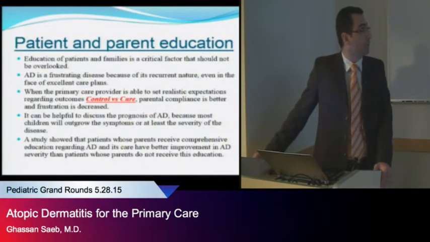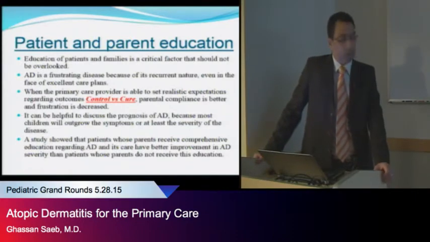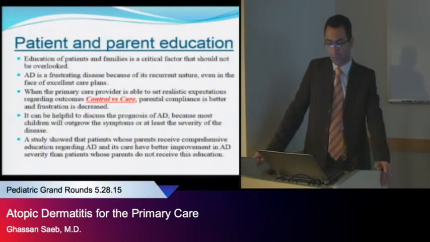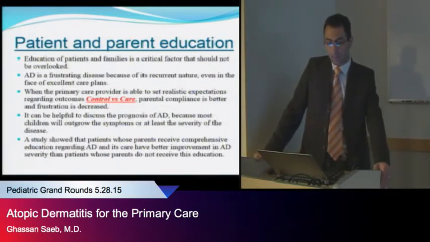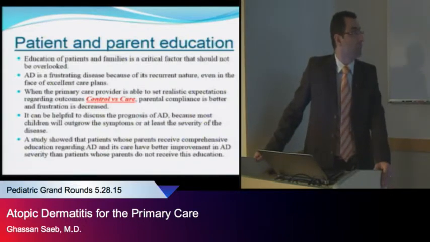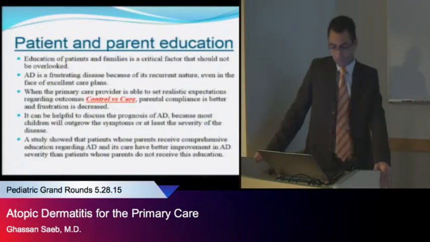So the first part is patient and parent education. Education of patients and families is a critical factor that should not be overlooked. AD is a frustrating disease because of its recurrent nature, even in the face of excellent care plans. When the primary care provider is able to set realistic expectations regarding outcomes, which is control versus cure, parental compliance is better and frustration is decreased.